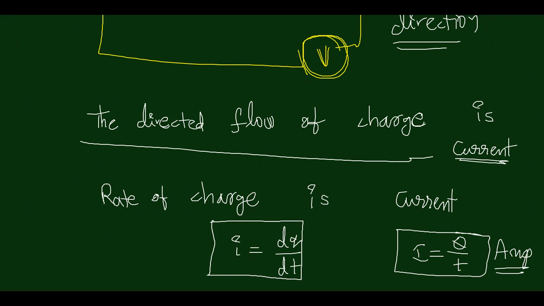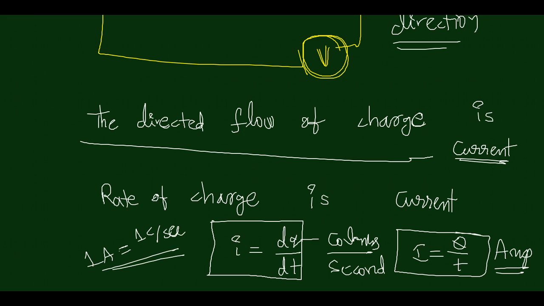Q can be expressed in coulombs per second. So 1 amp equals 1 coulomb per second. This is the story behind the current. And what is the direction of the current? That we have to discuss.